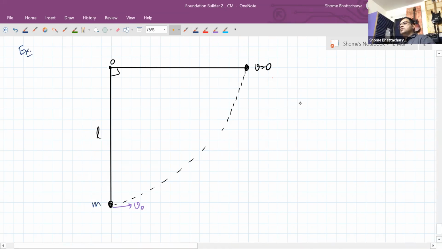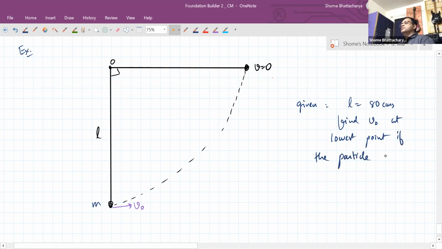Okay. So given that the length of the thread this time is 80 centimeters, find V naught at the lowest point if the particle just reaches the theta equal to 90-degree position.